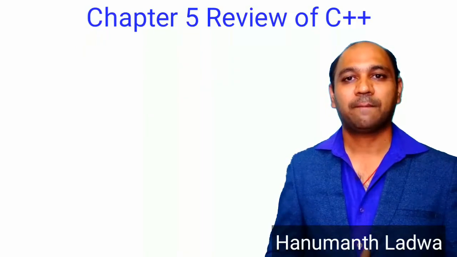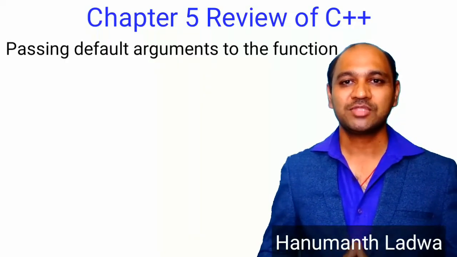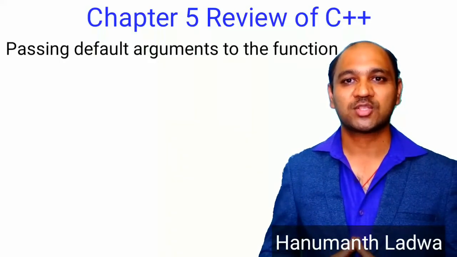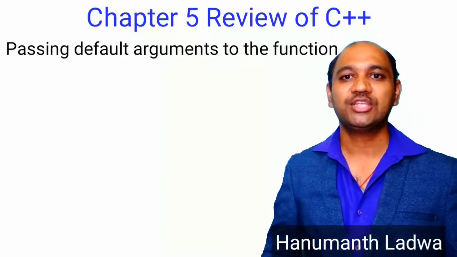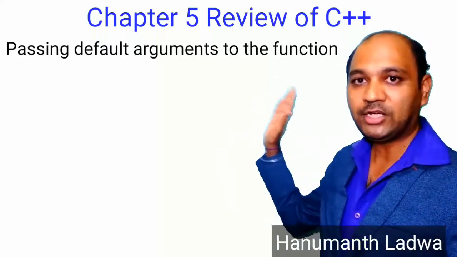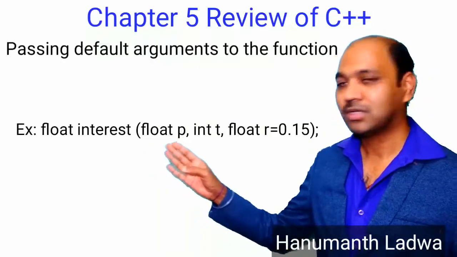Now we'll continue with passing default arguments to functions. In some situations it is required to pass some default arguments, whose associativity is always from right to left. So we have to initialize those default arguments from right to left. Let us take an example, float interest.